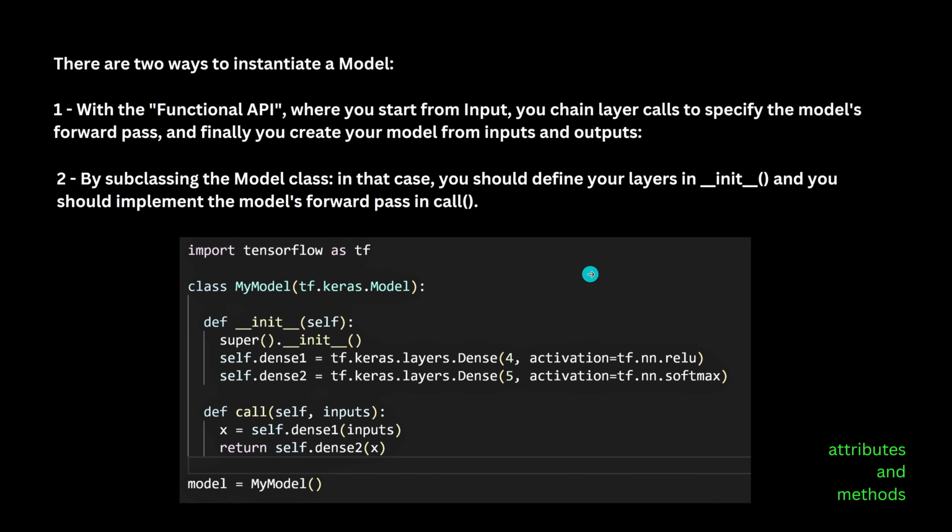The second method is much nicer, and this is exactly what I ask you to do. Subclassing the model class. So you see here, we have the parent class Keras model, and we're subclassing here my model. In that case, you should define your layers in the init method, and you should implement the model's forward pass in the call method. Never mind, I will show you in a second, you will understand it soon.